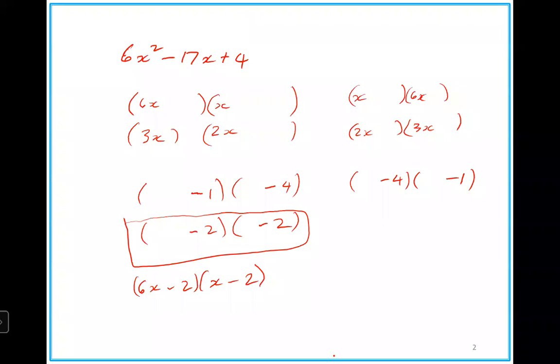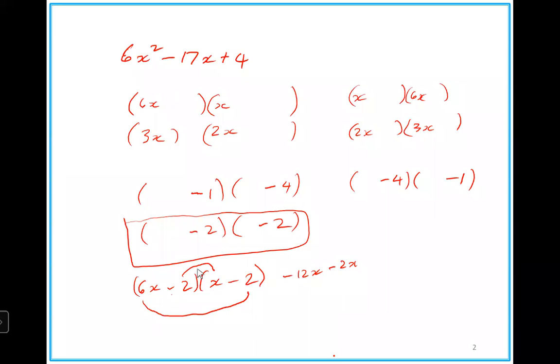And to get the middle term, we have to multiply the first and the last, and the inner terms, the middle. So 6 times negative 6x times negative 2 gives you minus 12x, and minus 2 times x gives you minus 2x, and that together will give you 14x, but we have 17.